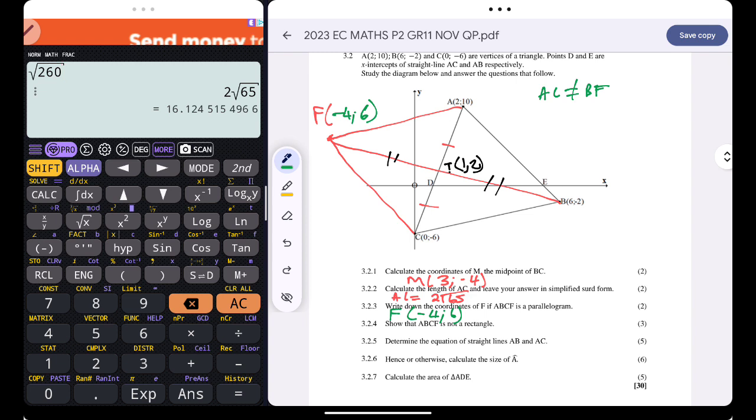Are you together? Another way for me to prove is to show that this angle here is not equal to 90. All of these angles are not equal to 90. Are you together? But that will take me a while, I believe. So let me just show that the diagonals are not equal. I think that will be quicker.